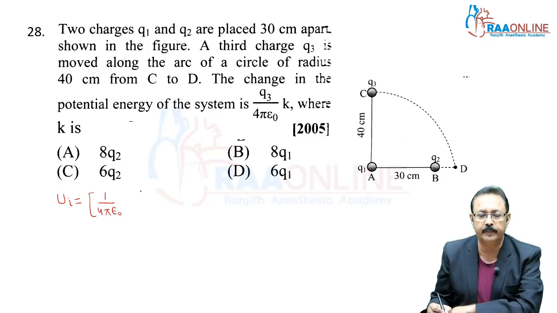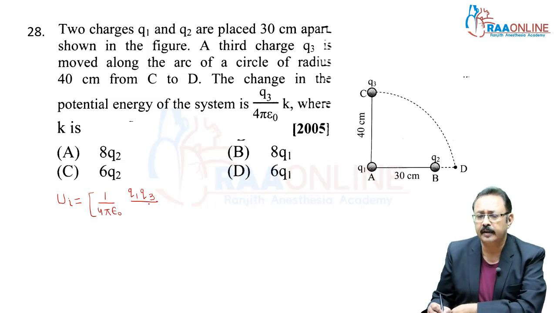So for Q1, Q3 and Q2, Q3, what is the total? 1 upon 4 pi epsilon naught Q1, Q3 upon distance. What is the distance? It is 40 centimeter, which means 0.4 meter. Due to Q2, 1 upon 4 pi epsilon naught Q2, Q3.